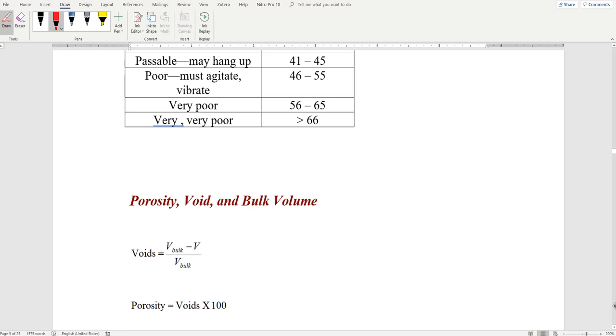Now imagine that you have this cylinder. It's a 100 ml cylinder and has particles packed inside. Let's say this is a graduated measuring cylinder having powder inside.